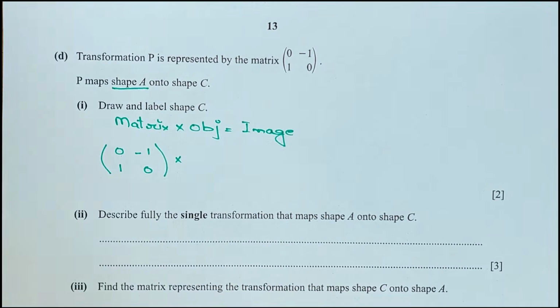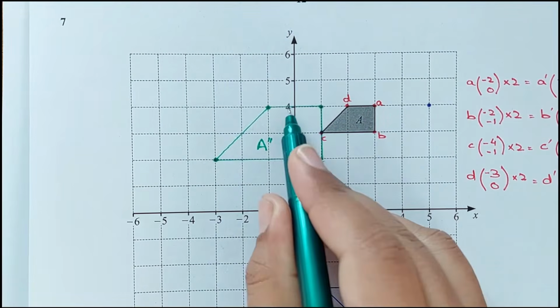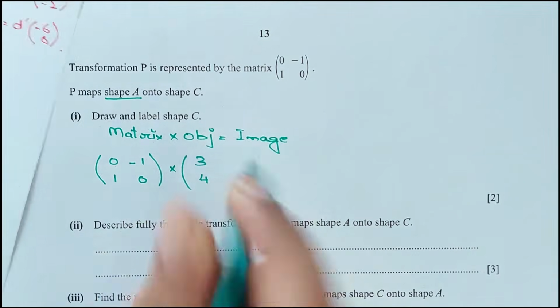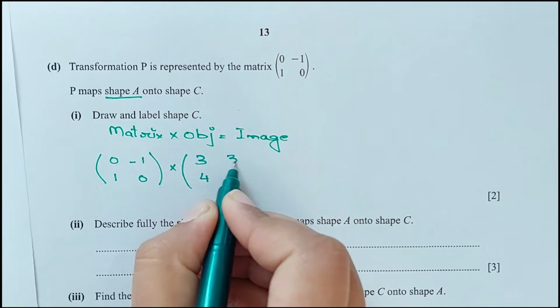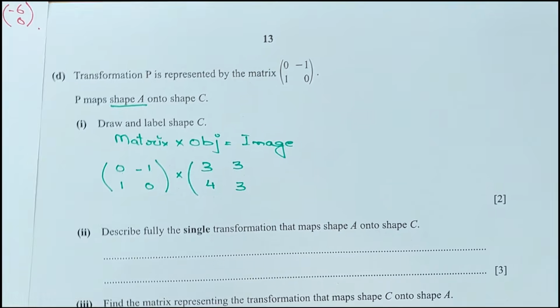Let me find the coordinates for shape A. So as you can see, the coordinates of shape A are 3, 4, and 3, 3. And the next is 1, 3.